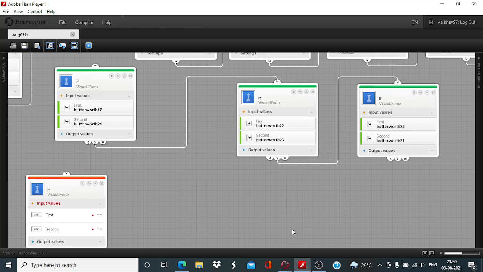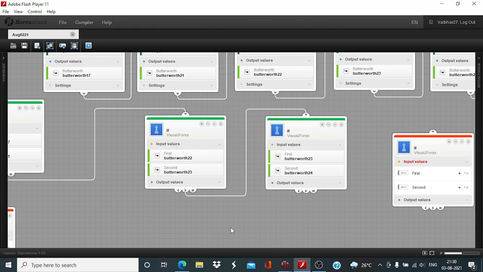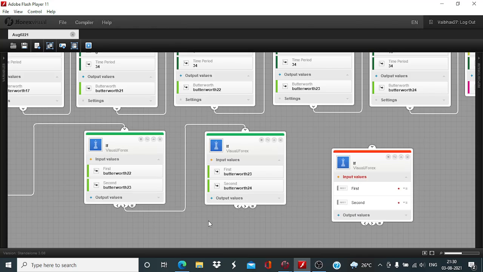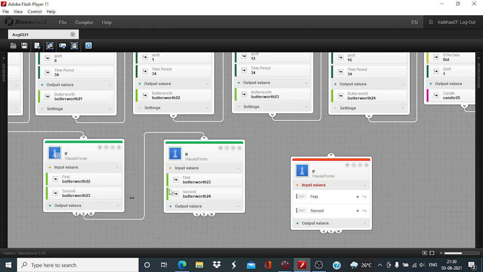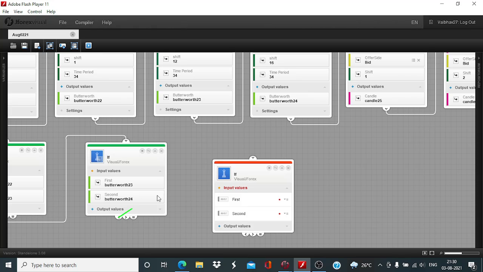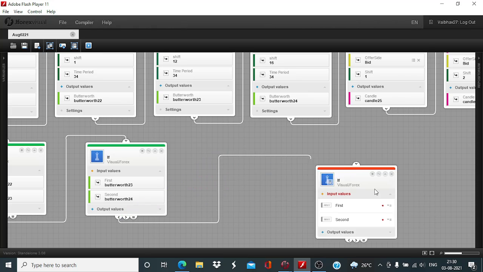We have set the condition that the Butterworth value on the 15-minute time frame for the last 15-minute candle should be higher compared to the value 3 hours back, and the output value 3 hours back should be lower compared to the Butterworth output 4 hours back. Okay, so first input less than second input.